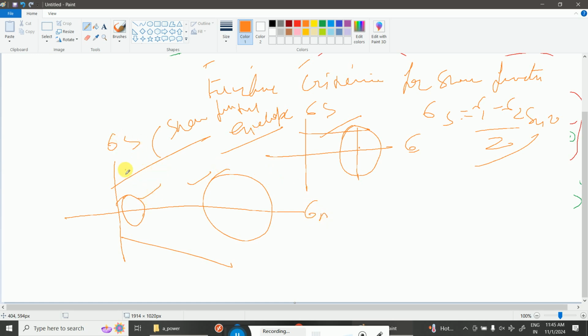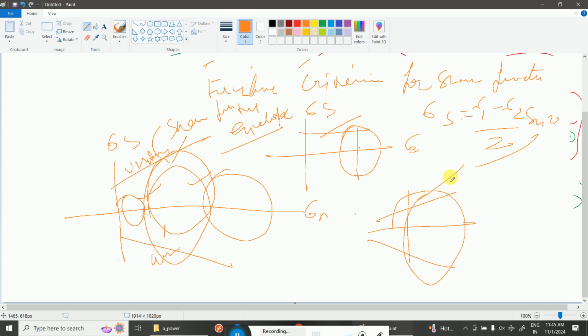When will it touch? Then it is called the unstable condition. The critical stage is when it touches here. When shear stress increases and it touches, that is the critical stage. Just after that, the fracture will develop. When it crosses, the fracture develops, and this is the unstable condition.